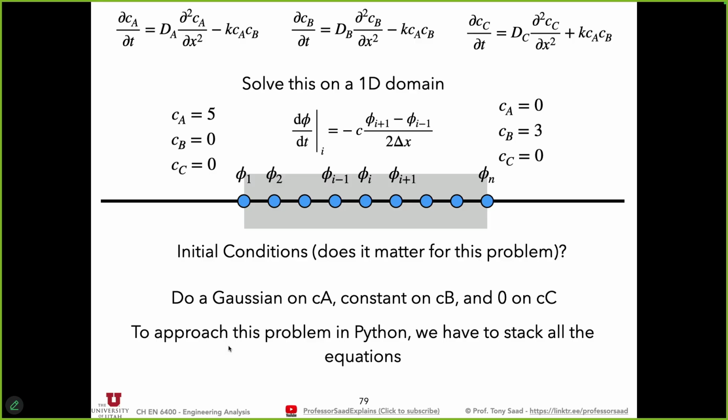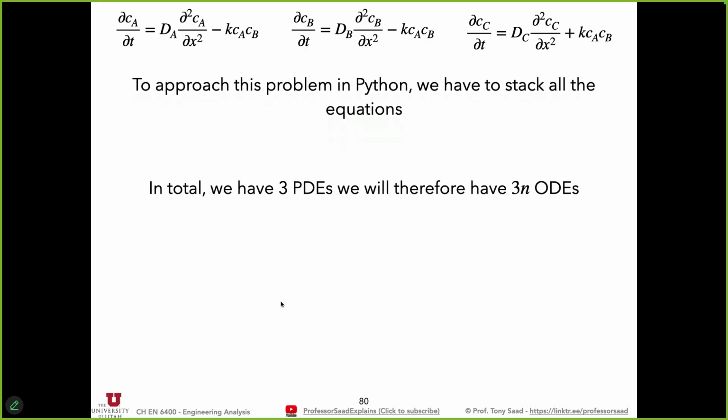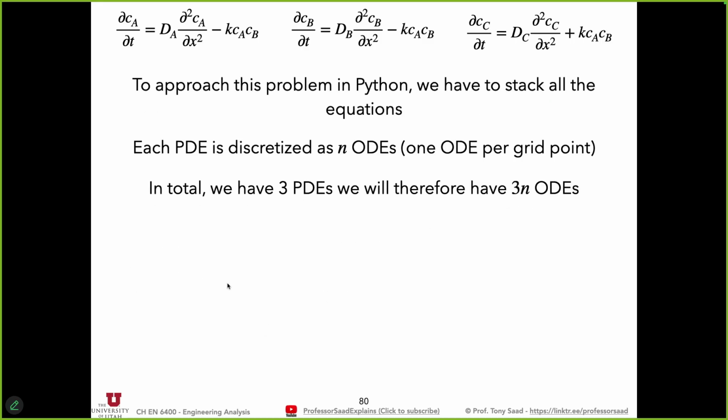But the complexity here is really coming not from the physics, it's coming from how we're going to implement this in Python. So when we did one PDE with n grid points, we had n ODEs. Agreed? One PDE at n grid points, we had n ODEs because we had one ODE per grid point. Now you have three PDEs, so you're going to have three ODEs per grid point. So your system is going to be a total of 3n ODEs.